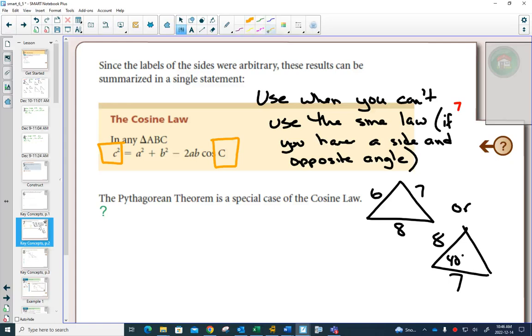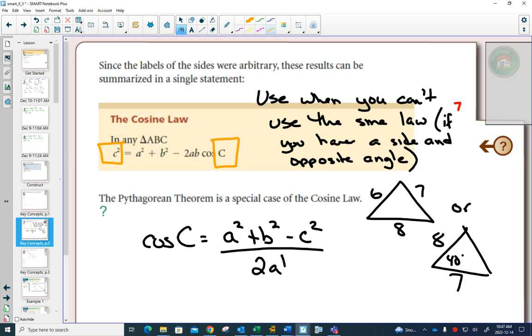if you wanted to use algebra, can you see that you could get the cos C by itself? That's sometimes really helpful, so your formula sheet has this formula as well. They have cos C equals a squared plus b squared minus c squared over 2ab. That is on your formula sheet as well.